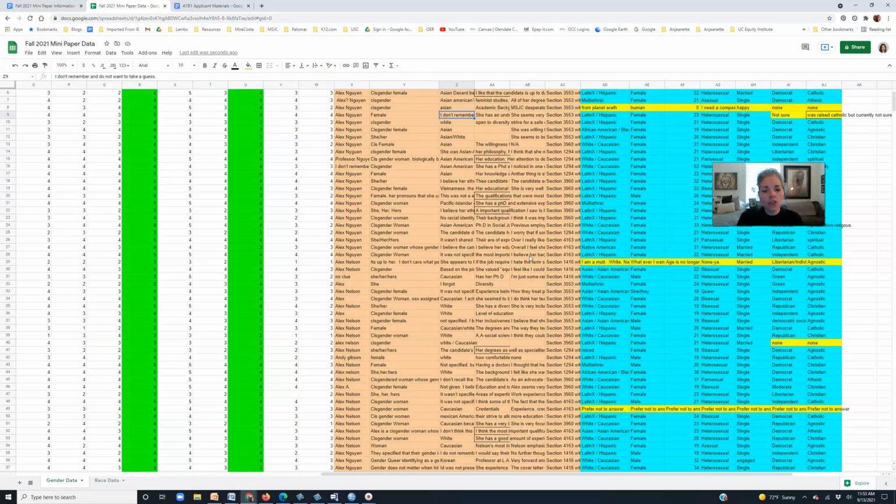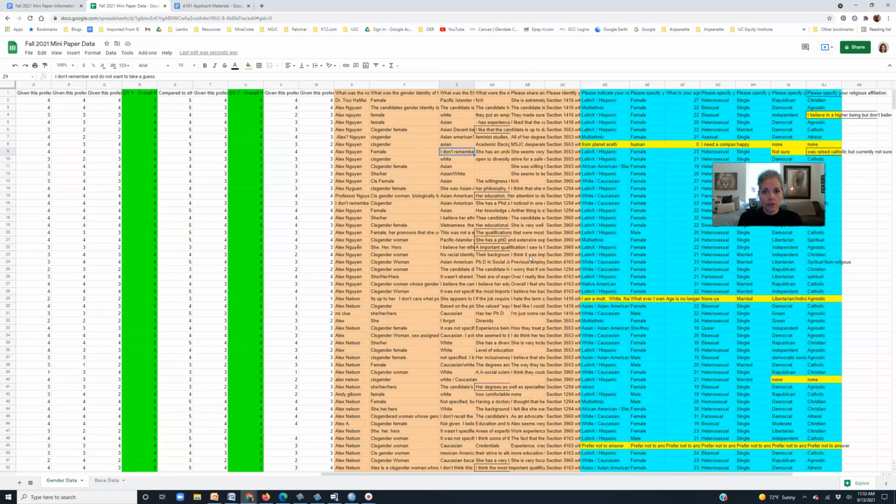So a manipulation check is what we do as researchers just to make sure that the participants fully understood, in our case, the gender identity of the candidate that they were reviewing or the race of the candidate that they were reviewing. Because if they didn't pick up on their race or gender, then our manipulation didn't work, right?